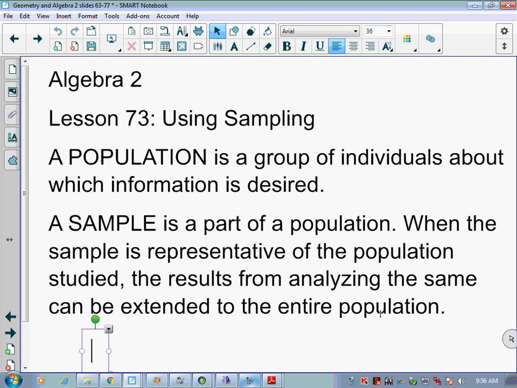Like if I want to know something about the entire high school, I'm going to ask an equal number of freshmen, sophomores, juniors, seniors, the same ratio of boys and girls, right? Those types of things. And then we could even go into nationalities and backgrounds to try to get a well-rounded picture of what the entire population would be like.